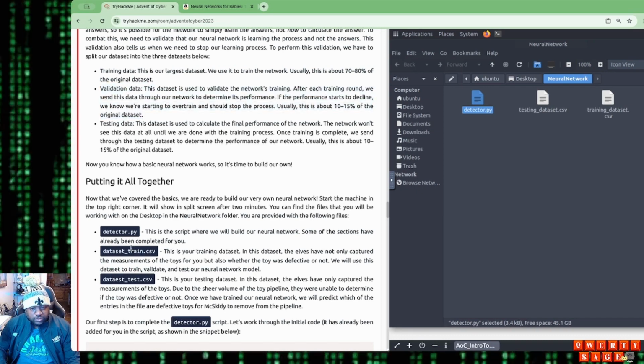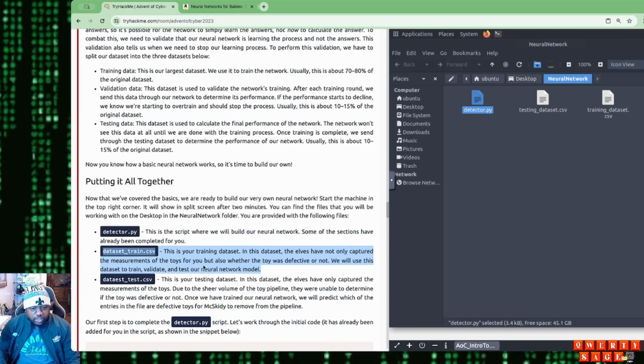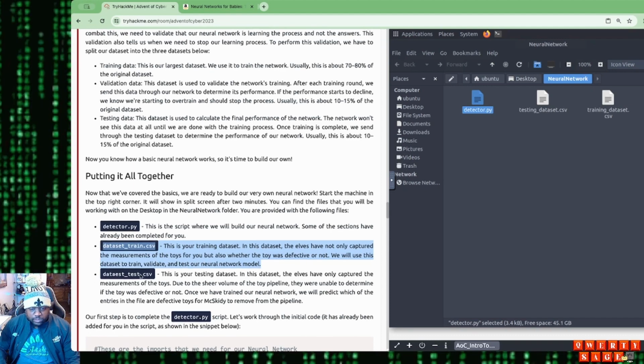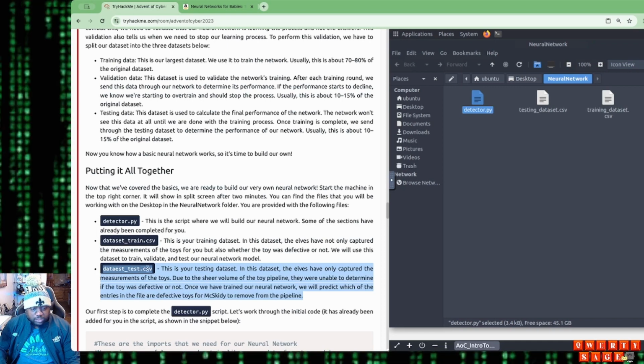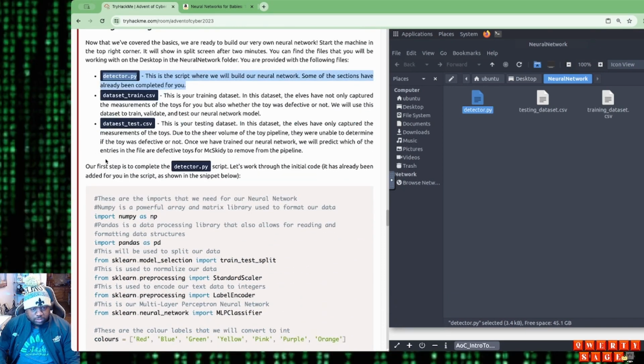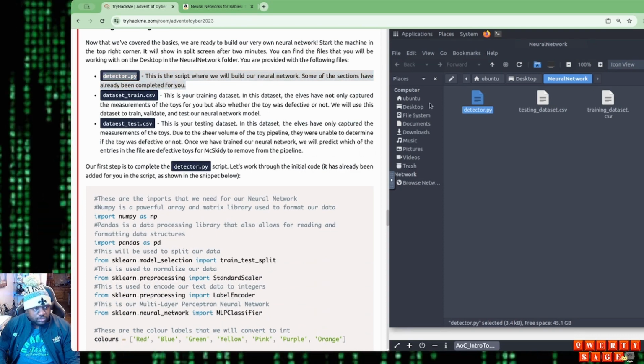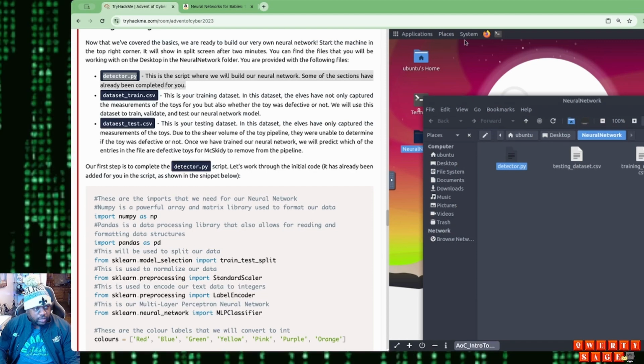We're using this for training and validation. And this is our test data. All right. So it looks like we're going to be filling out the detector.py.